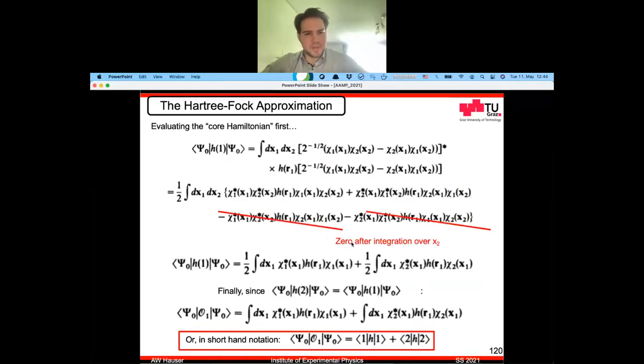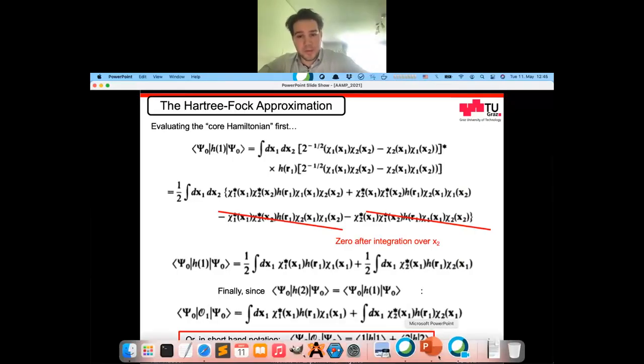So what we see here is that in our case of a determinant built for 2 electrons, we get an expectation value for this core Hamiltonian as an integral over our core Hamiltonian for the first orbital and an integral over the core Hamiltonian for the second orbital. That's all that's left. And you can extend this to an n-electron problem. In the case of n electrons, you would simply have a sum over all your orbitals.